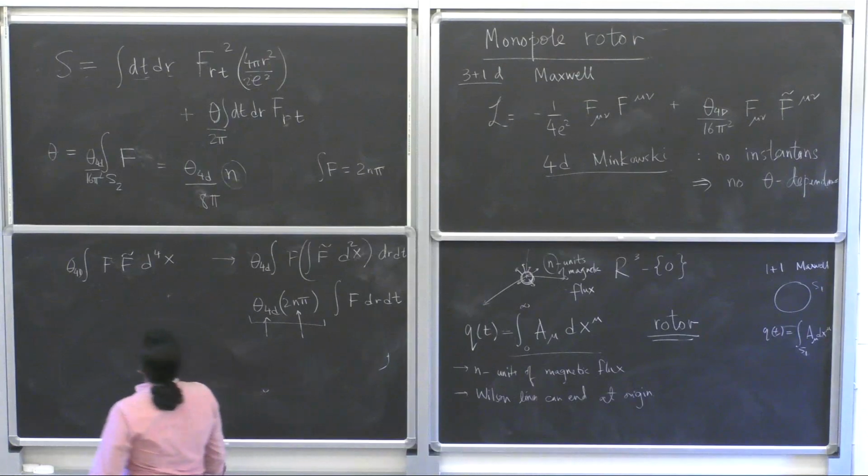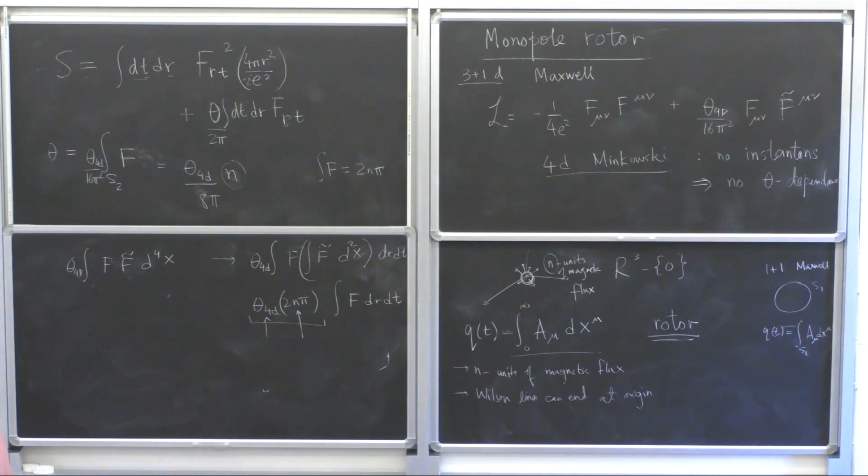So now we have a two-dimensional, 1+1 dimensional Maxwell theory again with a theta angle, and we saw that the 1+1 dimensional Maxwell theory can be mapped onto the theory of the particle in a circle.